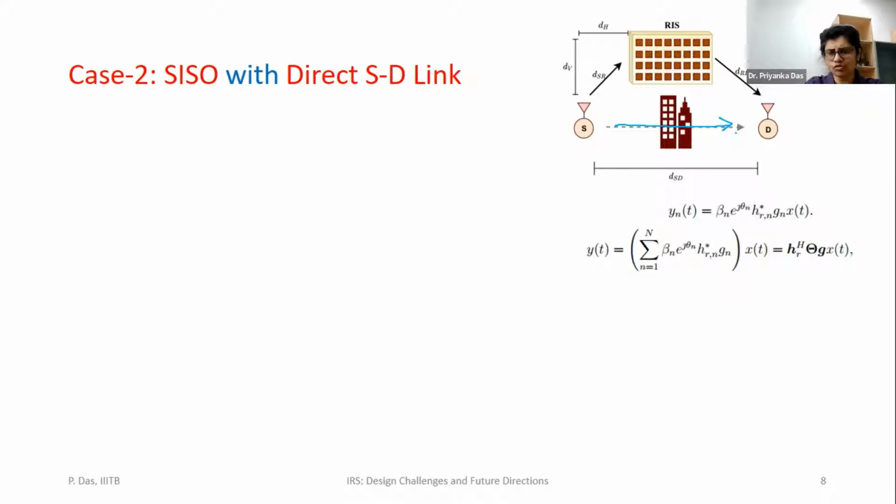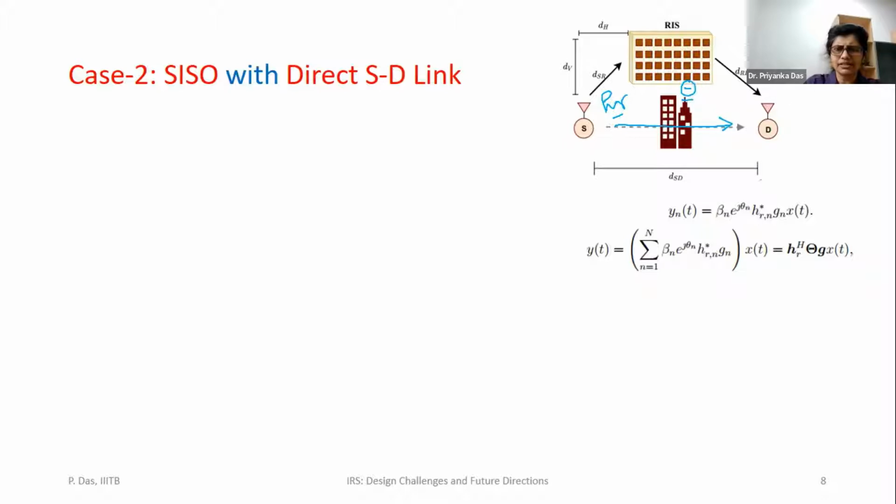complex notations. We should not be worried about all these things; the major point is just to compact the notations. We use some matrix-based notation here. If you talk about your channel from S to IRS, it is h_R, which we can take as an N cross 1 channel or 1 cross N channel, and this is your G, and this is a theta matrix here.